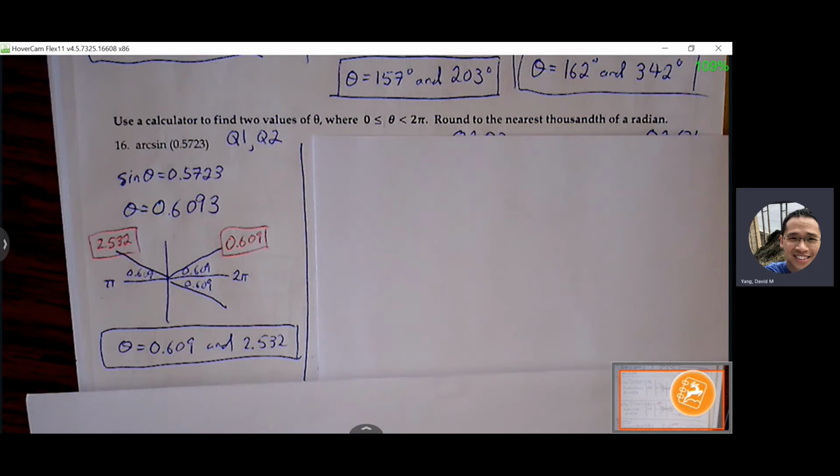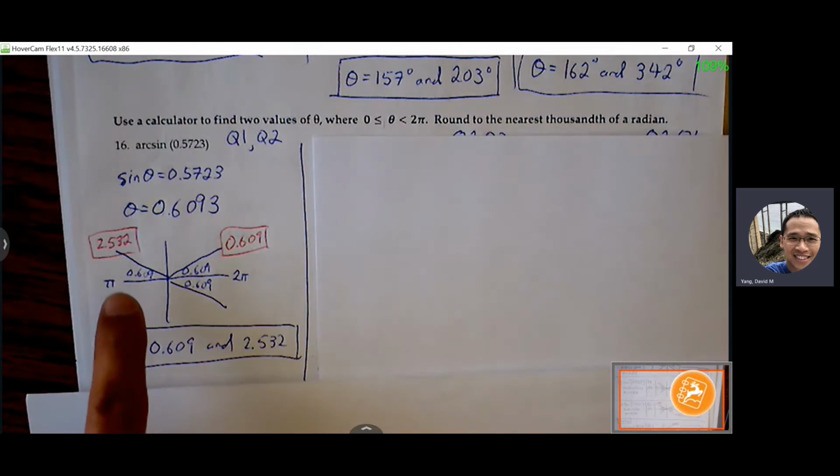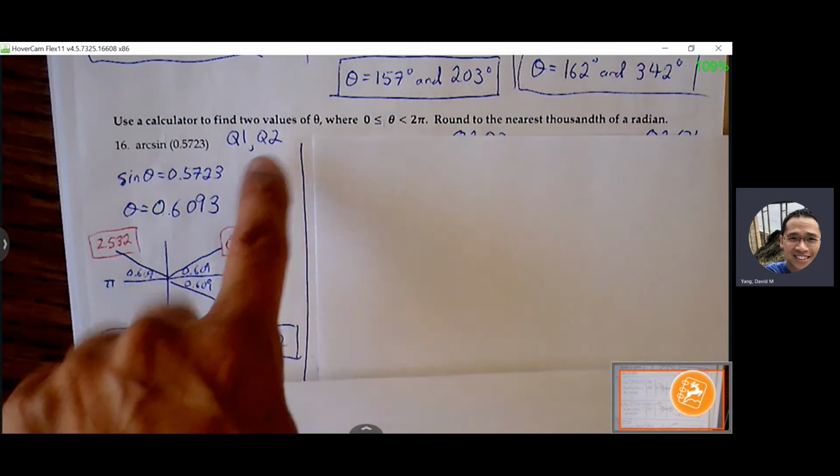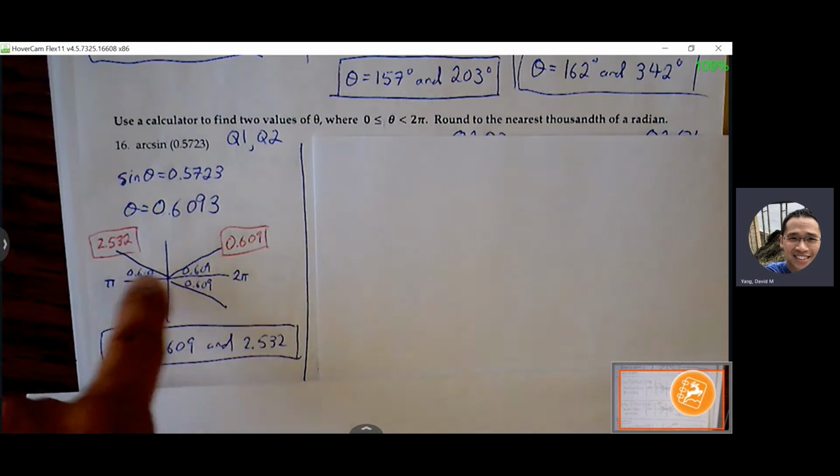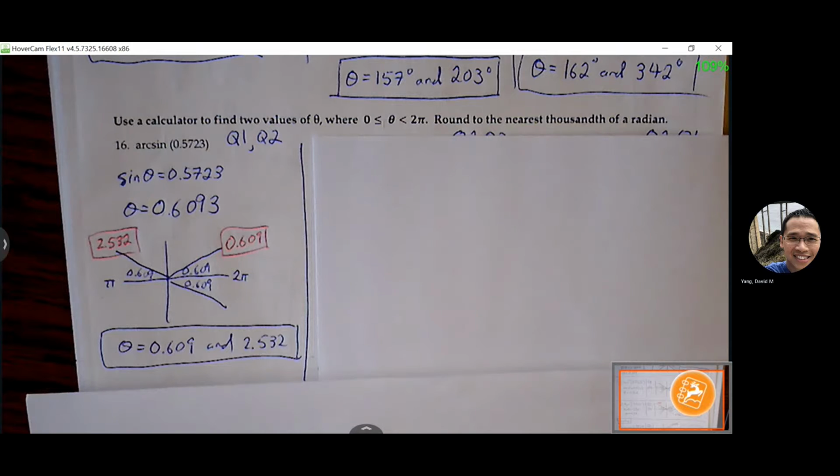How did you get 2.532? So I got 2.532 because I know I'm looking for a second quadrant. So it's going to be pi minus 0.609.